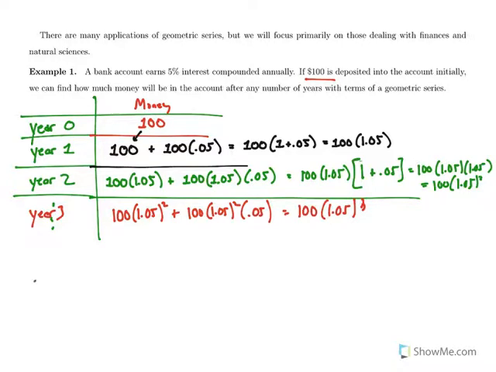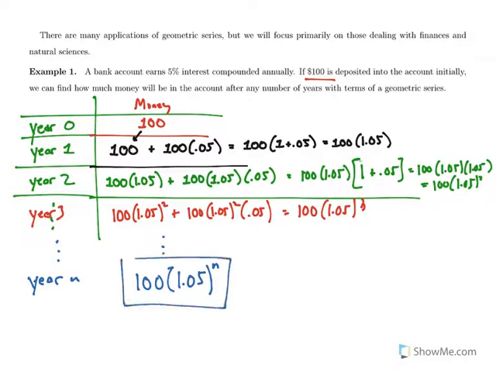So what happens in year n is we are going to have 100 times 1.05 to the n. And note that each thing we've calculated here is going to be a term of a geometric series.